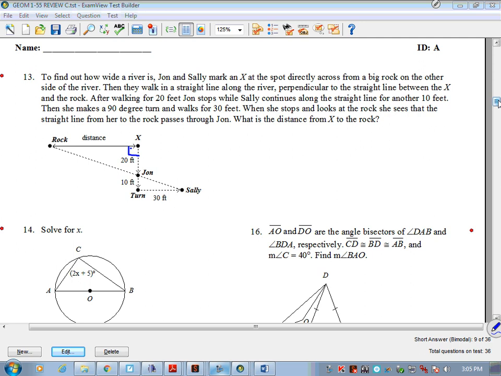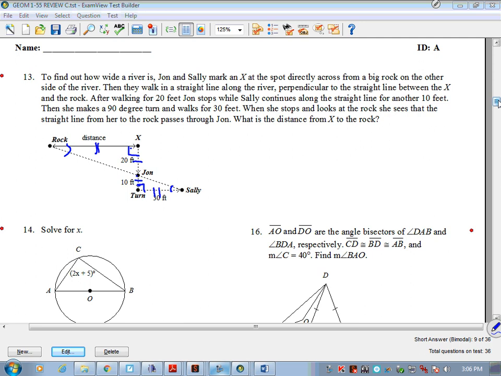They're trying to make it parallel with the river, so it's perpendicular with the river itself. And then they tell me about this turn here, turning at a right angle. So I know that those two angles are the same. And I know that this angle should be the same as this, because we're making sure that John stands in the middle. So I've got angle-angle similarity, and my side lengths are proportional.